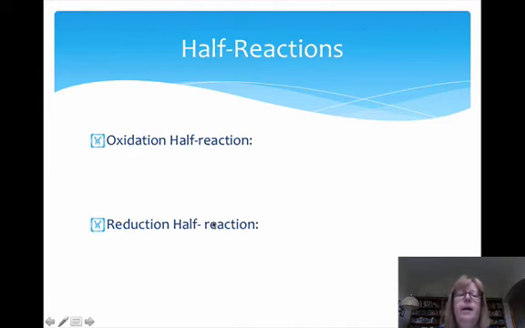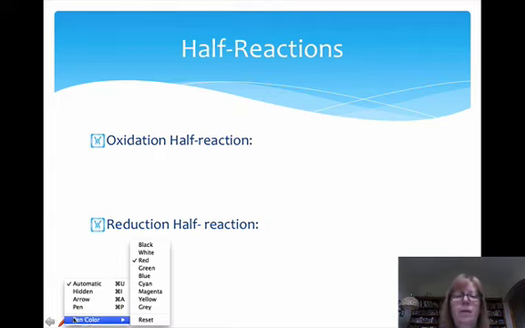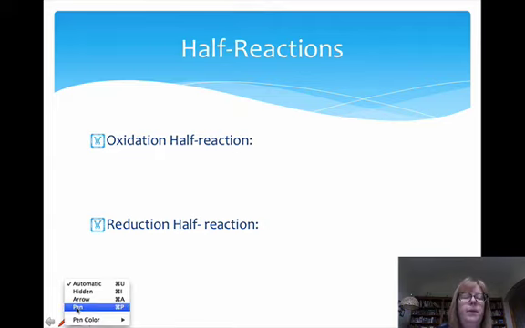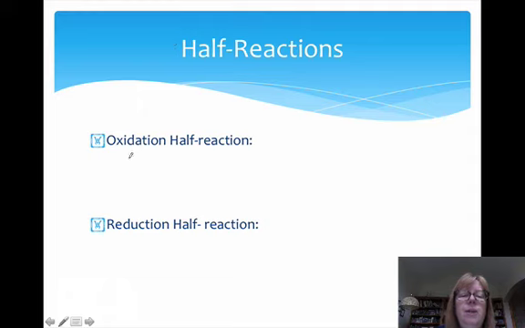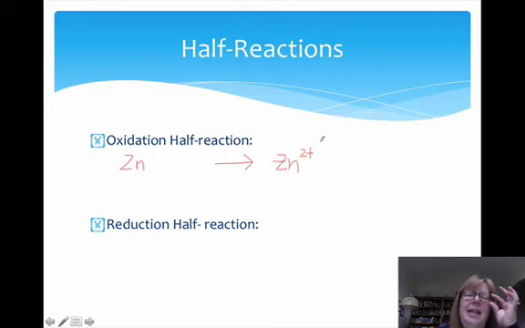Okay, now I think this even makes it easier: divide it up into what we call a half reaction. Let's just write what's being oxidized and what is being reduced. We started with just plain zinc as our reactant, and on the product side it turned into zinc 2+. We don't put the nitrate in here because it's just a spectator ion, and we're just looking at what's being oxidized and what's being reduced.